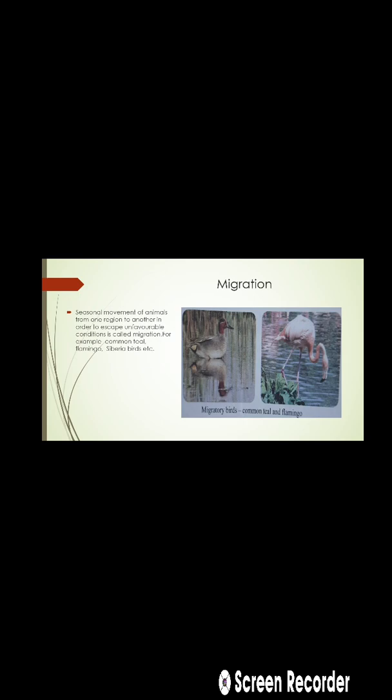African elephants migrate in search of food during changes in resource availability. Salmon fish migrate from salt water to fresh water for reproduction. So these are the examples which show migration.